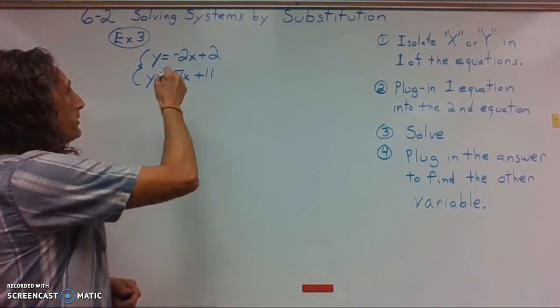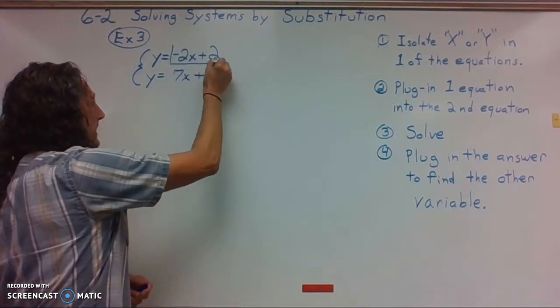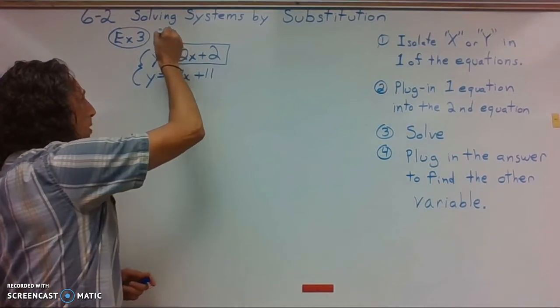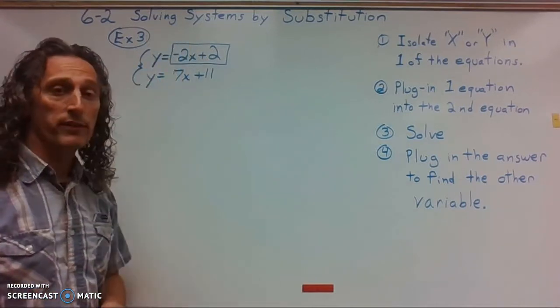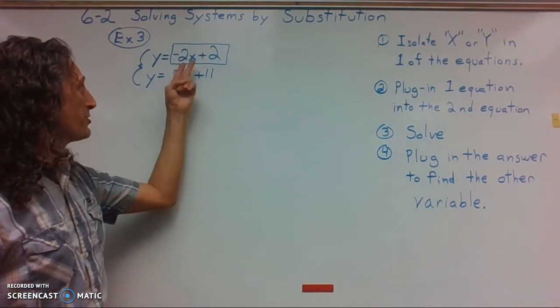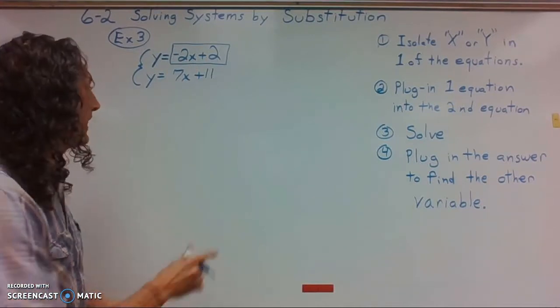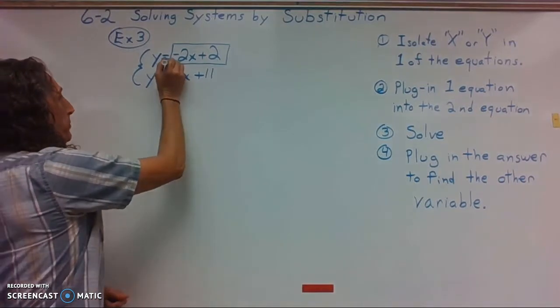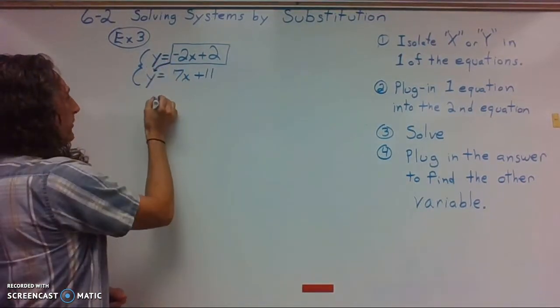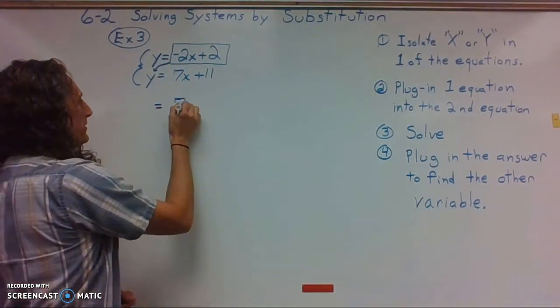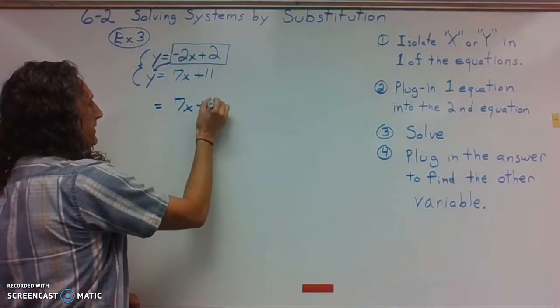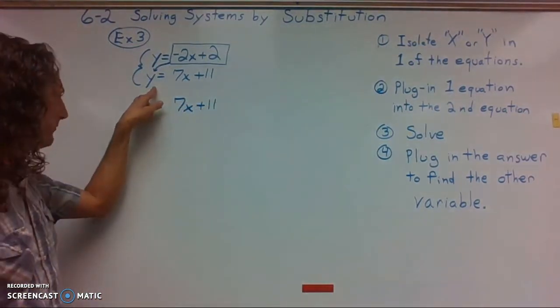And so what I'm going to do is, this is already isolated. I'm going to put my box around it, because that's the power of the equal sign, that this negative 2x plus 2, even though it doesn't make sense, is the exact same thing as the letter y. So I'm going to put it right there. So here's this equal sign. There's the 7x plus 11. But I'm not going to put in the y.